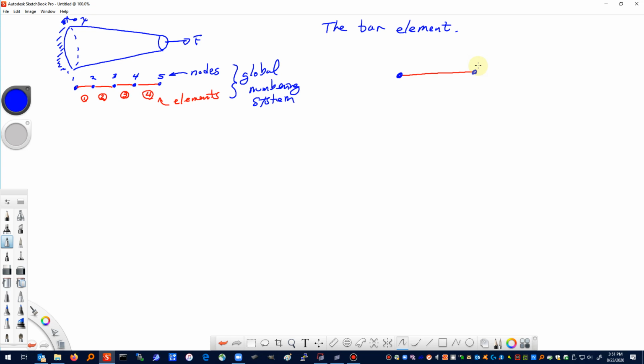So on this local element system, and I'm going to go ahead and use blue at the risk of being confusing, the number 1 and number 2 could be number 1 and number 2 over in the global numbering system, but it could also be node number 4 and number 5. There's going to be a mapping from the nodes in the local system to the global system.